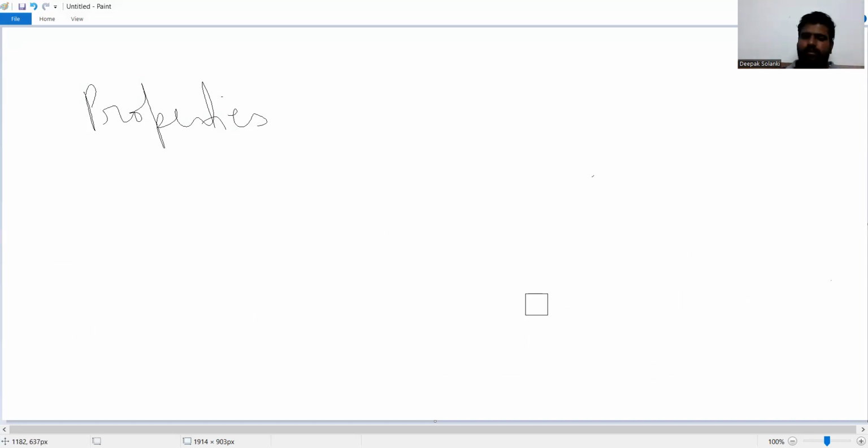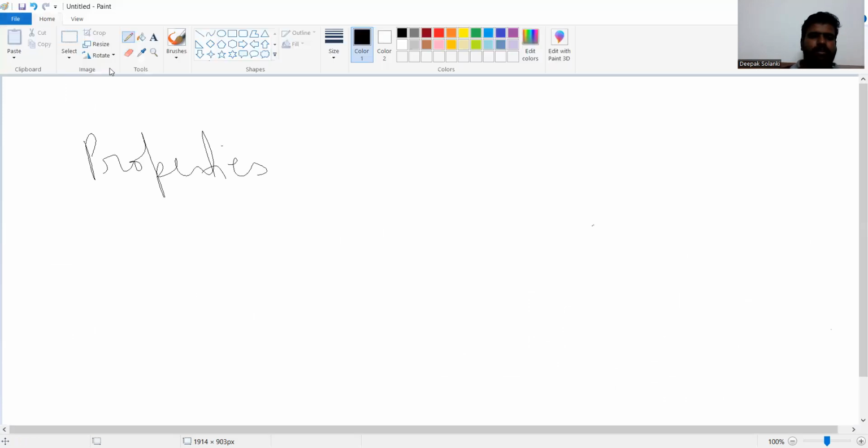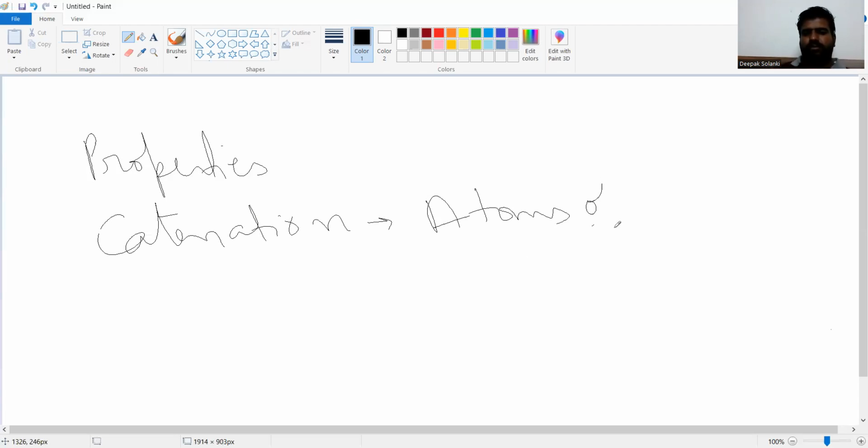Now let me discuss the next property, which is known as catenation. Catenation is a very good and very common property of carbon. Catenation leads to direct bonding between atoms of the same element.